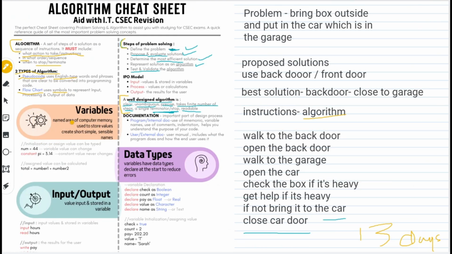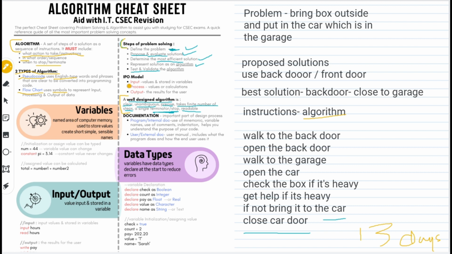The next thing we're looking at are variables. This is just a revision. Any specific detail or more in-depth information you want, you go back to the textbook and you fish that out. Before we move to variables, the next thing we're going to look at is the IPO model. An IPO model simply represents what the inputs are, what processes are included, and what the outputs are.